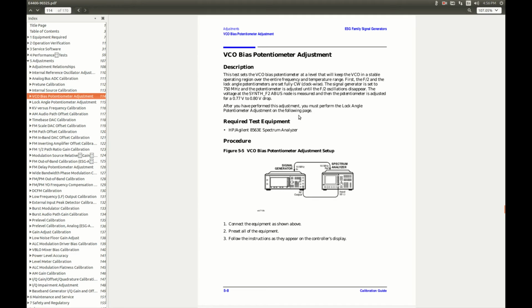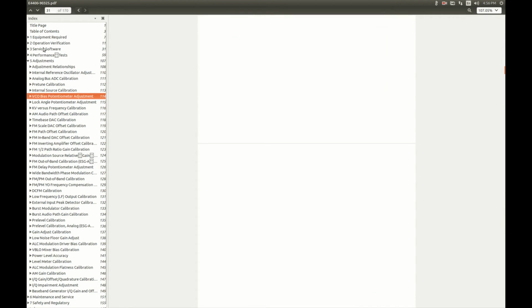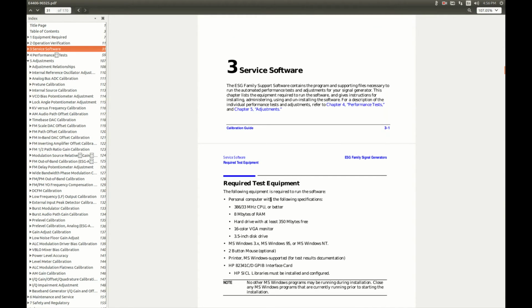I suspect that this is about some reading in the service software, which is mentioned here, and the software is available on keysight.com, but a GPIB interface card is necessary for this, which I don't have. I think it's time to buy one.